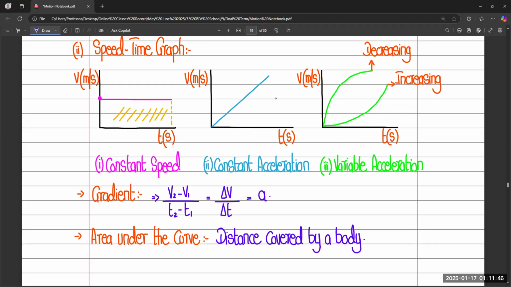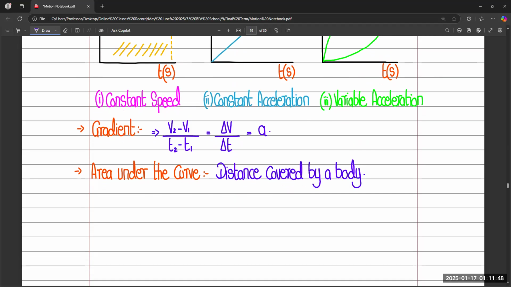And how is it equal? For example, we need to learn only three different shapes. The first shape is the rectangle. The formula for a rectangle we use is base into height.